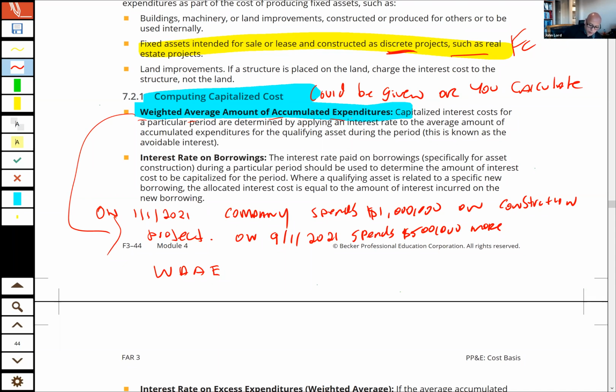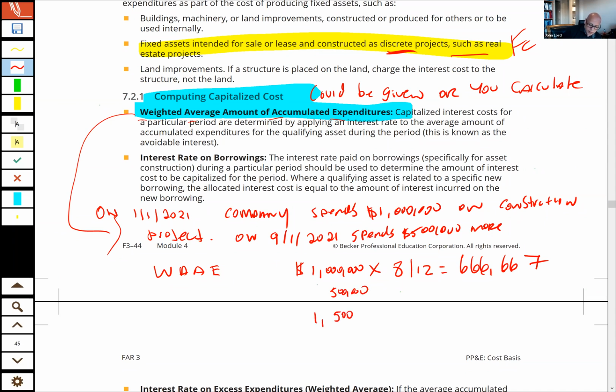Okay, so what we would do is we would take the million, and the million was the amount that they had spent, and that was the amount for what? For 8 months? All of January, all of February, all of March, all of April. That's what? 8/12 of the year. You take that million times 8/12 and you get 666,667. Okay. Then what? Then they spent 500,000 more.